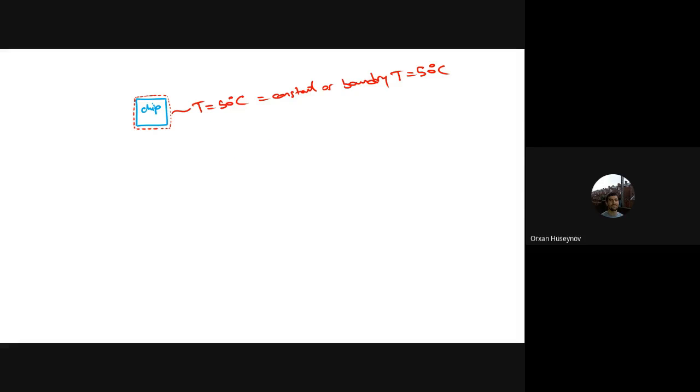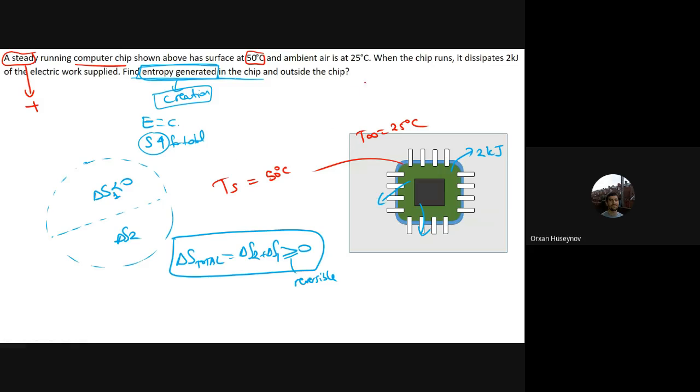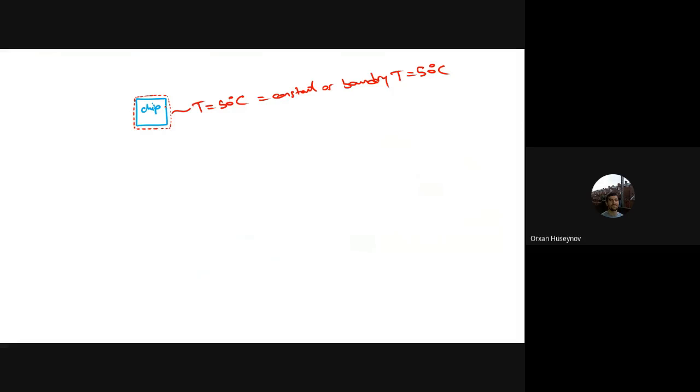And there is an amount of 2 kilojoules of heat transfer from the system. Dissipates means this is an out quantity. So you will have the heat transfer out of the system in the amount of 2 kilojoules.